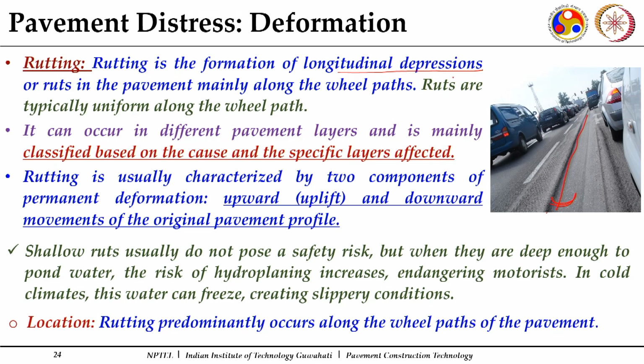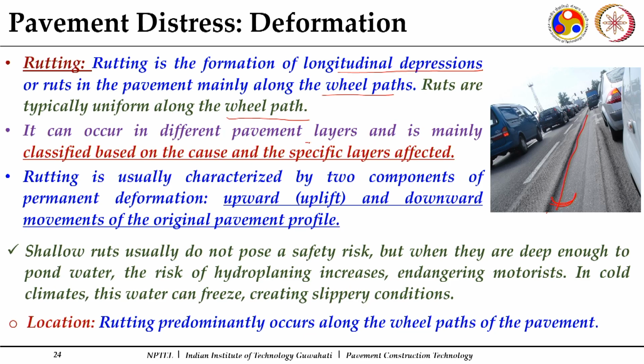It is the formation of longitudinal depressions or ruts in the pavement, mainly along the wheel paths and along the lanes which carry heavy traffic or slow moving traffic. Ruts are typically uniform along the wheel paths, so their depth usually is uniform along the entire length. There can be certain sections where some localized failures may be there in terms of rutting also.